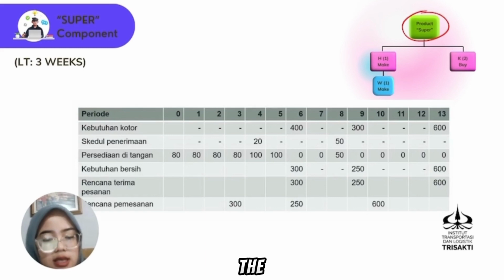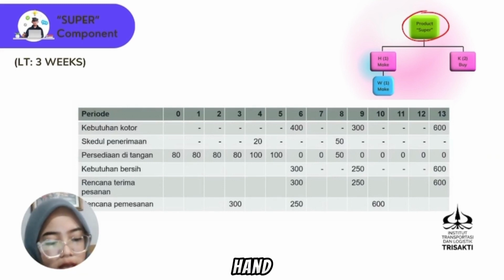In the 8th period, 90 goods will arrive, so we also have 90 inventory on hand. In the 9th period, we have a gross requirement again of 300, but we only have inventory on hand of 50.